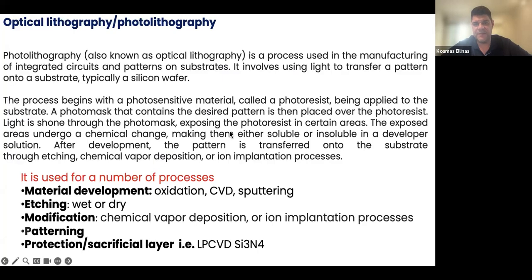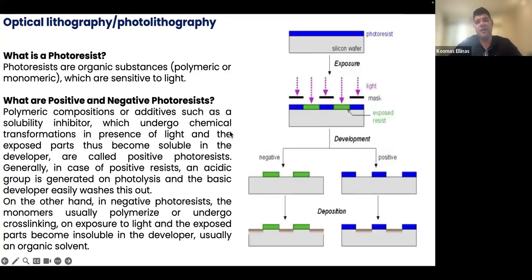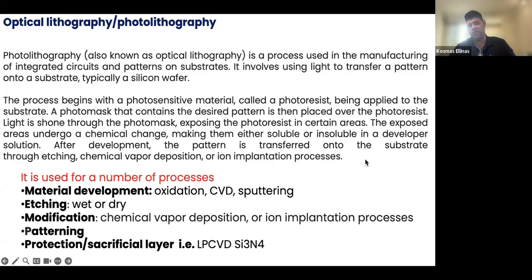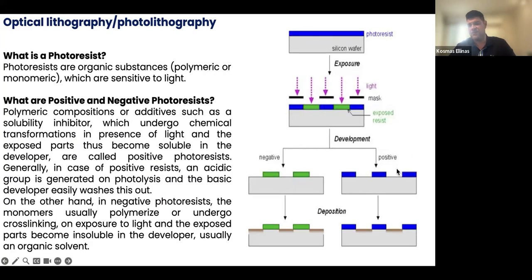So depending, as I said before, on the photoresist, which is an organic, polymer-based material which is sensitive to light, depending on the type of the photoresist, if it is a positive tone, then the areas which are exposed to the light will be soluble. If it is a negative tone, the areas that are exposed, which are the areas above this green rectangle here, will not be soluble and will be insoluble.